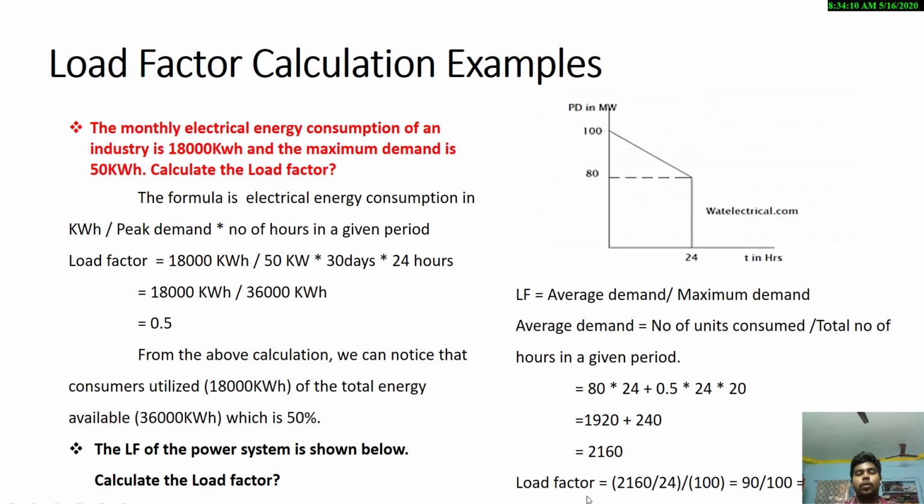Then we can find the load factor. We see directly that 100 is the peak demand or maximum demand, multiplied by 24 hours, and therefore we get 0.9, that is 90% load factor. This is how the load factor of a given power system can be calculated.